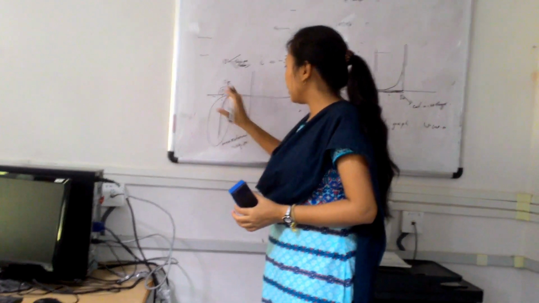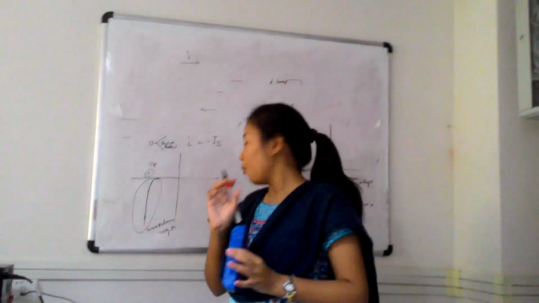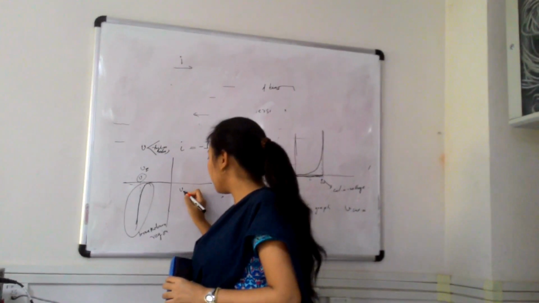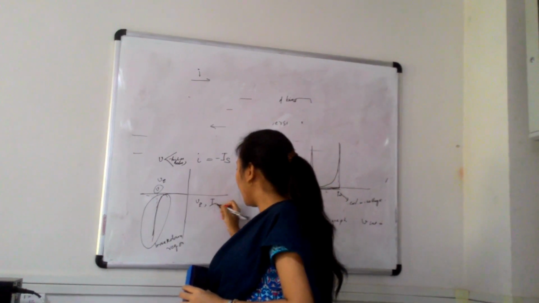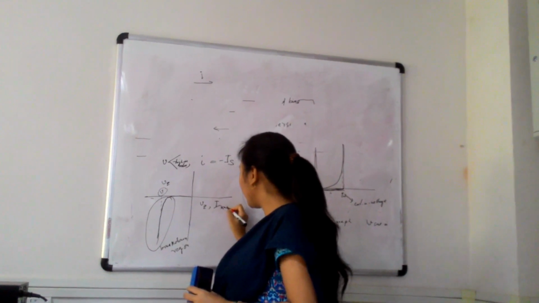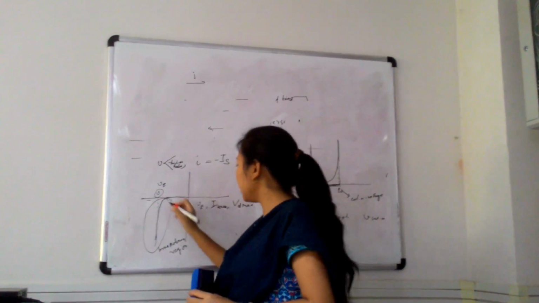Now here, in this case, in the reverse bias condition, three points have to be very clear. First is the VZ, next is the I knee, third is PD max. Now what is I knee?